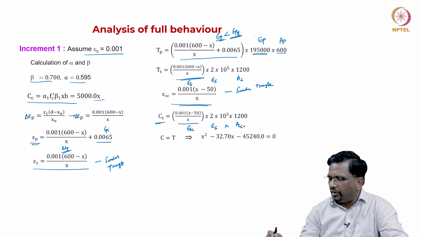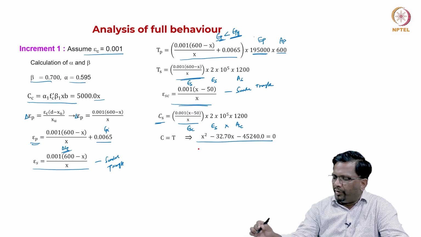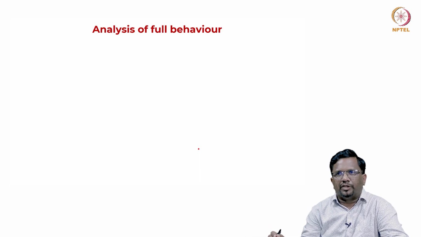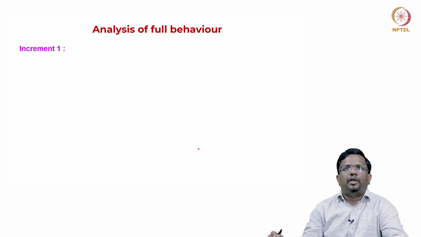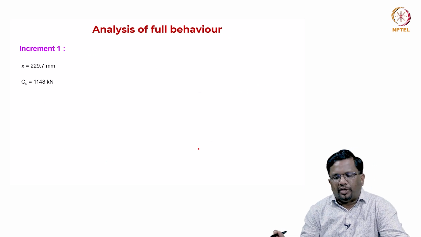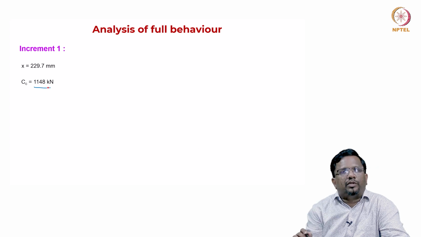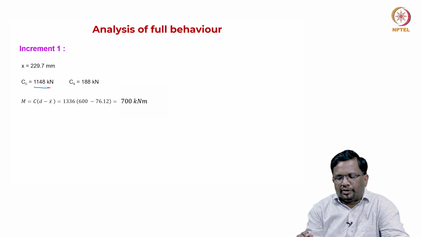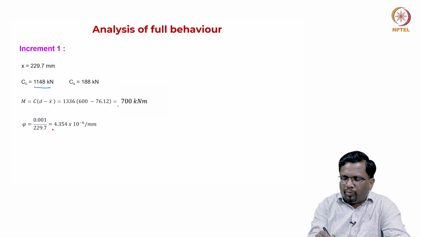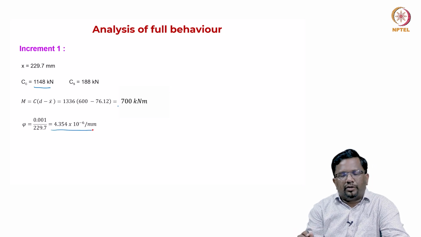So we can again form, when you put all of them together, a quadratic equation and you can solve for x, and you get your value as 229.7 millimeter with a concrete contribution of 1148 kilonewton and steel contribution of 188 kilonewton in compression, and curvature of 4.354 into 10^-6.